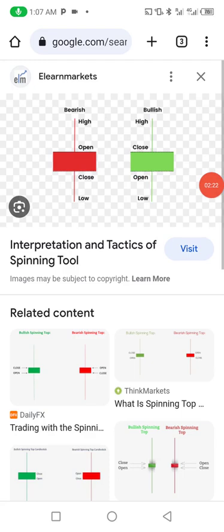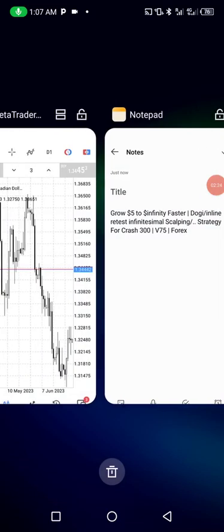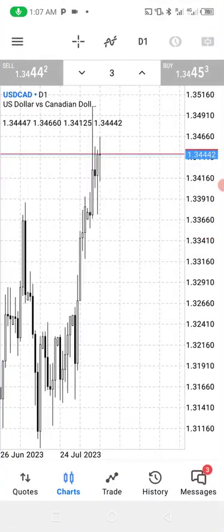Now I'm going to take you to the forex chart and then synthetic. This is US dollars, Canadian dollars. Your work is to select any time frame of your chart depending on your personality.